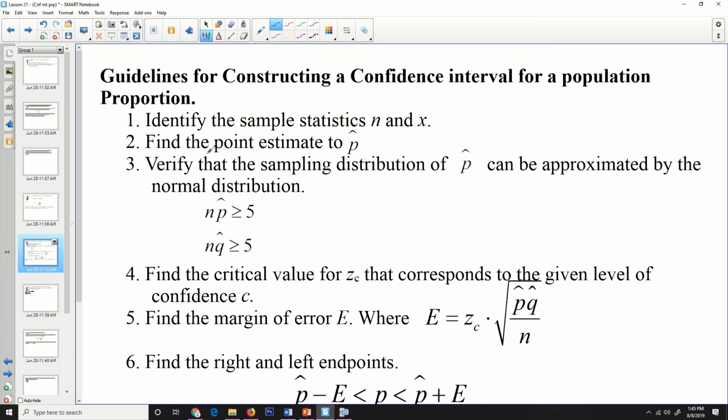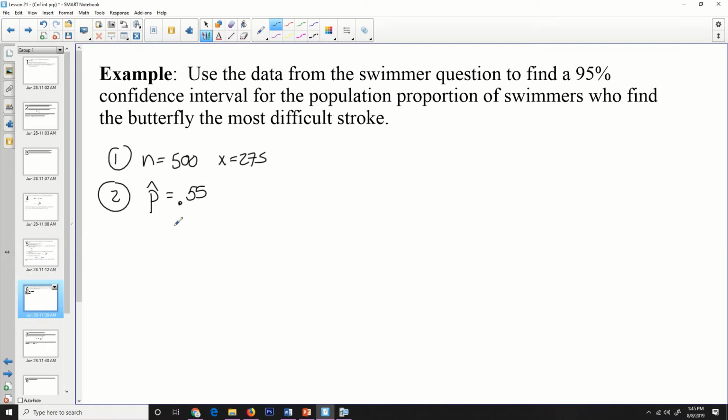Step 3 says verify the sampling distribution of p hat can be approximated by the normal distribution. Clearly if I go n p hat, 500 times 0.55, let's just say for instance 0.50, which is lower than 0.55. 0.5 times 500 is 500 times a half.